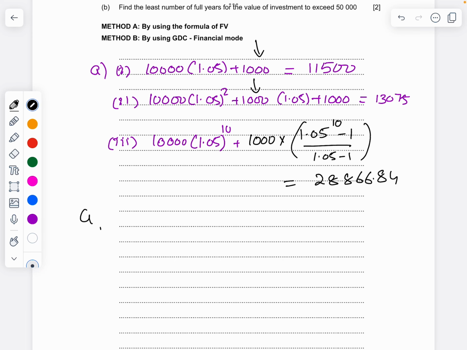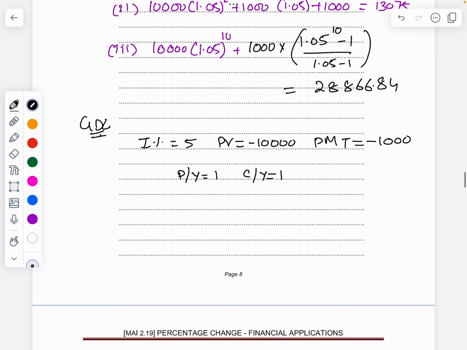I% should be equal to 5, PV equals minus 10,000, and PMT is minus 1,000 because I'm investing 1,000. Then P/Y equals 1, C/Y equals 1. Then set n equals 1, you'll be getting final value as 11,500. N equals 2, you'll be getting final value as 13,075.